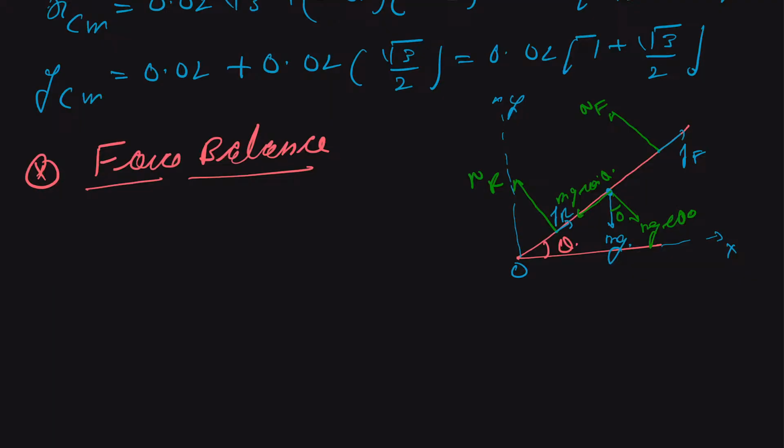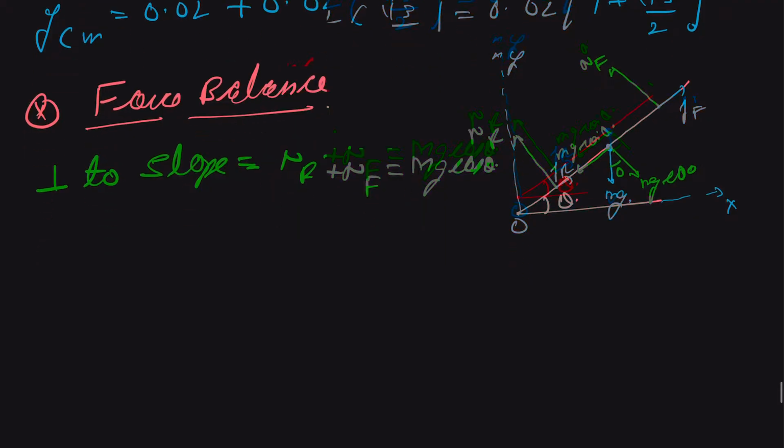First of all, we have the force balance perpendicular to the slope. Perpendicular to the slope we have our normal NR plus NF, and that will be equal to mg cos of theta.